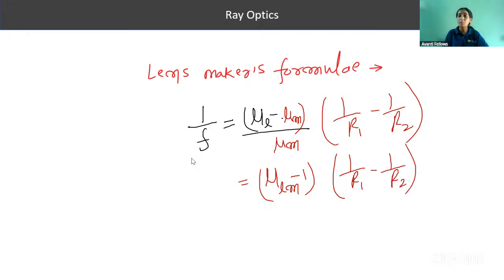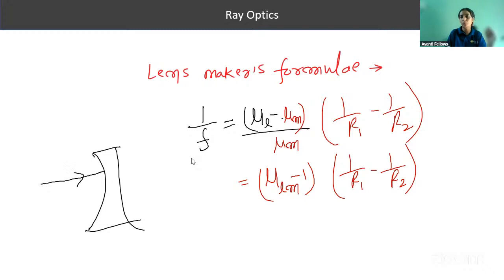Now, what is this R1 and what is this R2? If you are given a lens, any lens, let's say this is the lens you are given, which will become R1, which will be R2? Simply allow a ray of light to fall on it. Let's say I'm allowing light to fall from the left direction. Whatever is along the direction of the incident light will be taken as positive.